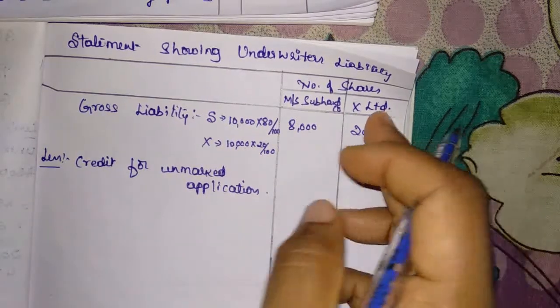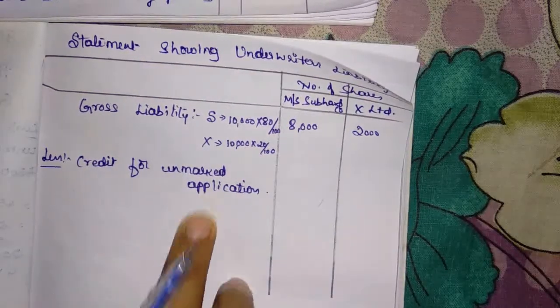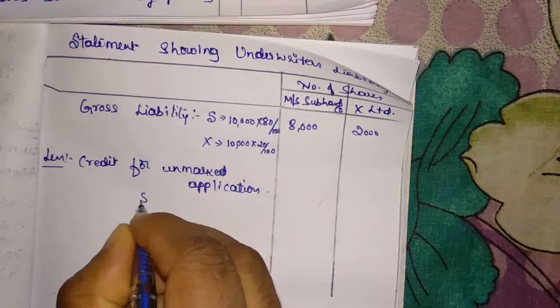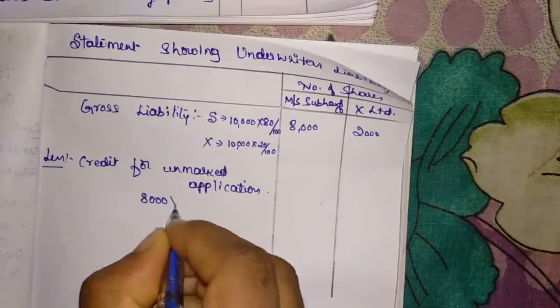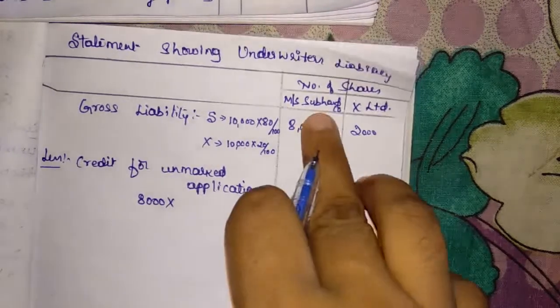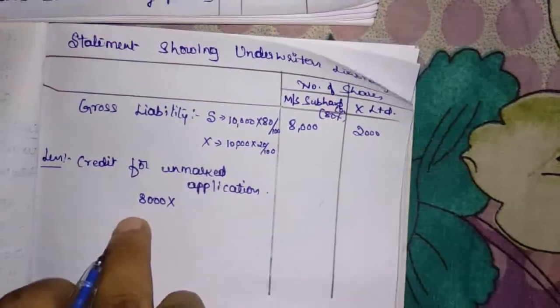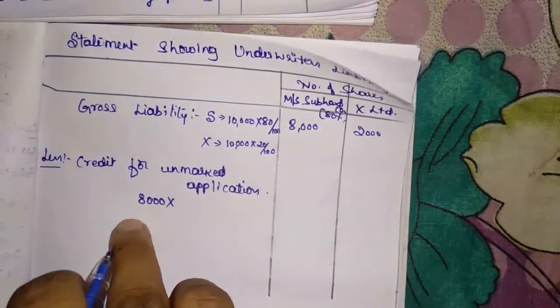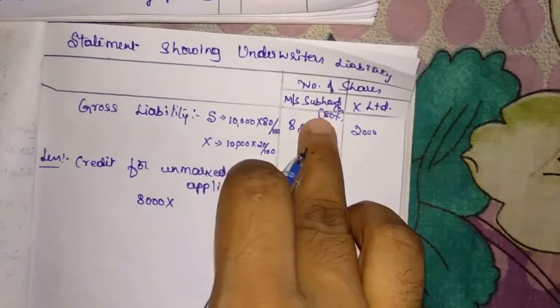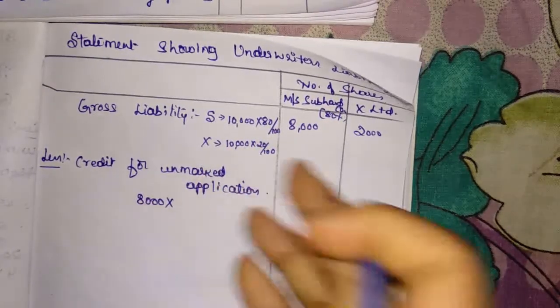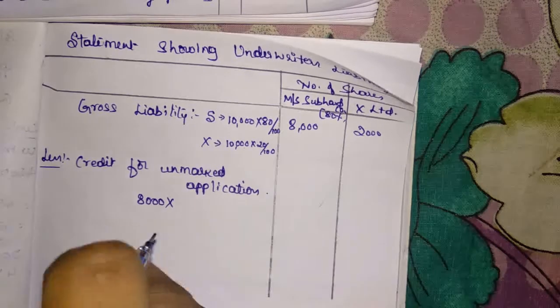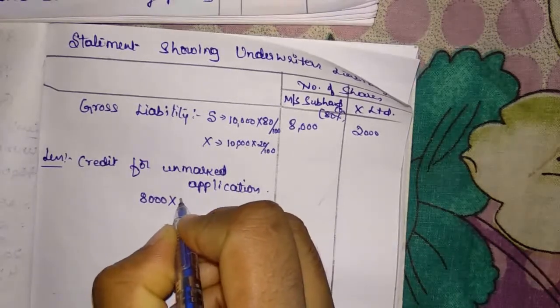So how to calculate this unmarked application? Total applications received from the public are 8,000, and underwriting is for 80% of the issue. So we can assume that out of this 8,000, 80% were the marked applications. What about the remaining 20%? That is the unmarked applications.